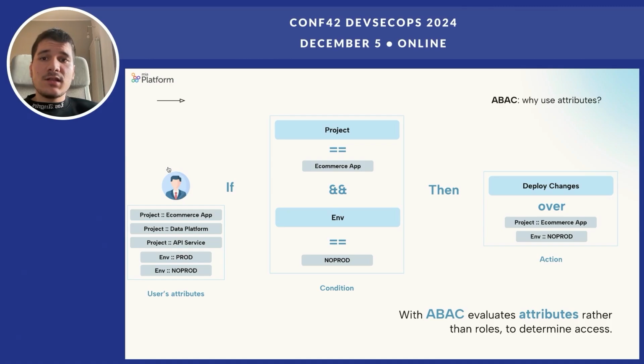Another popular strategy is called attribute-based access control, ABAC, which focuses on the use of attributes instead of roles. In this access management strategy, each user is directly assigned attributes which are used to determine whether the specific user meets certain conditions for accessing a resource or performing an action.